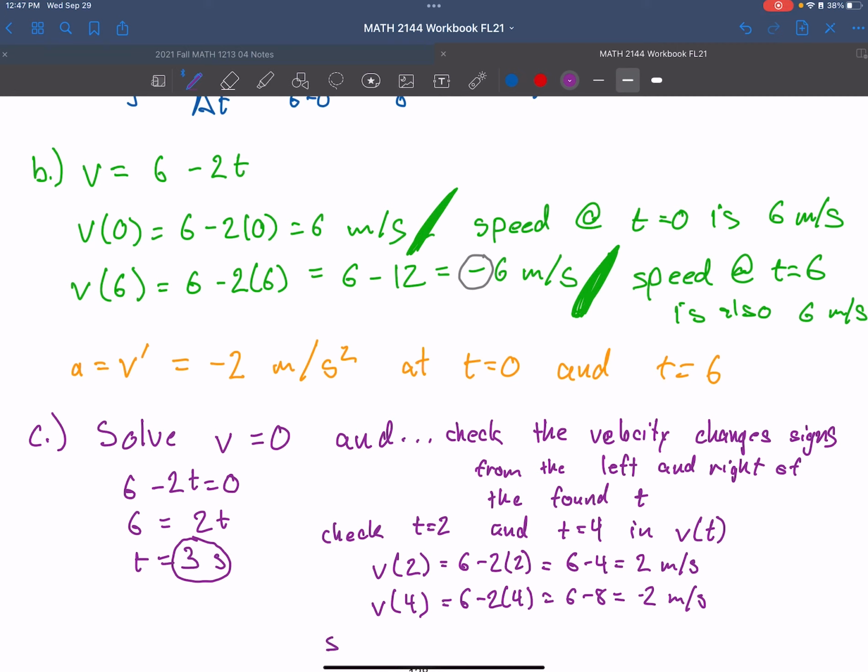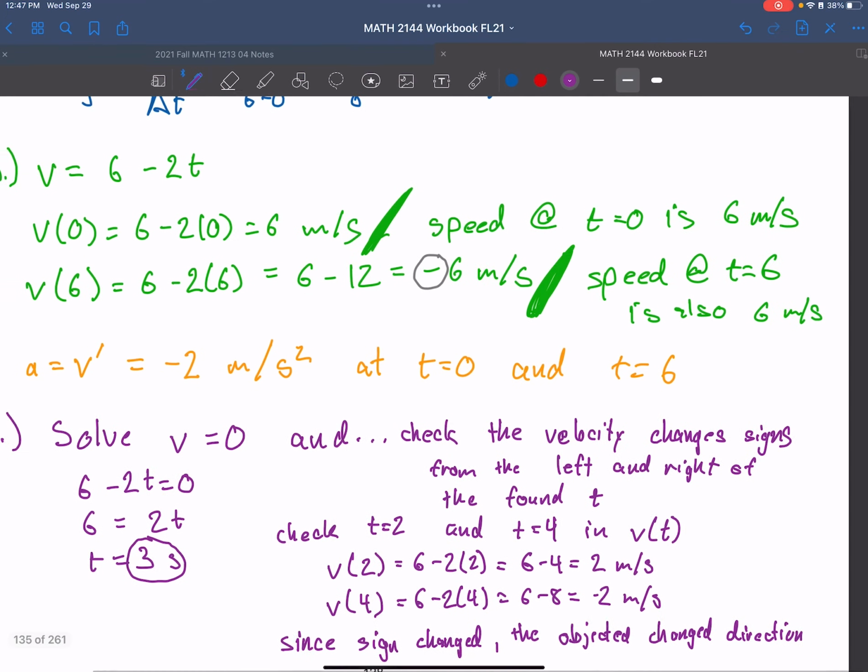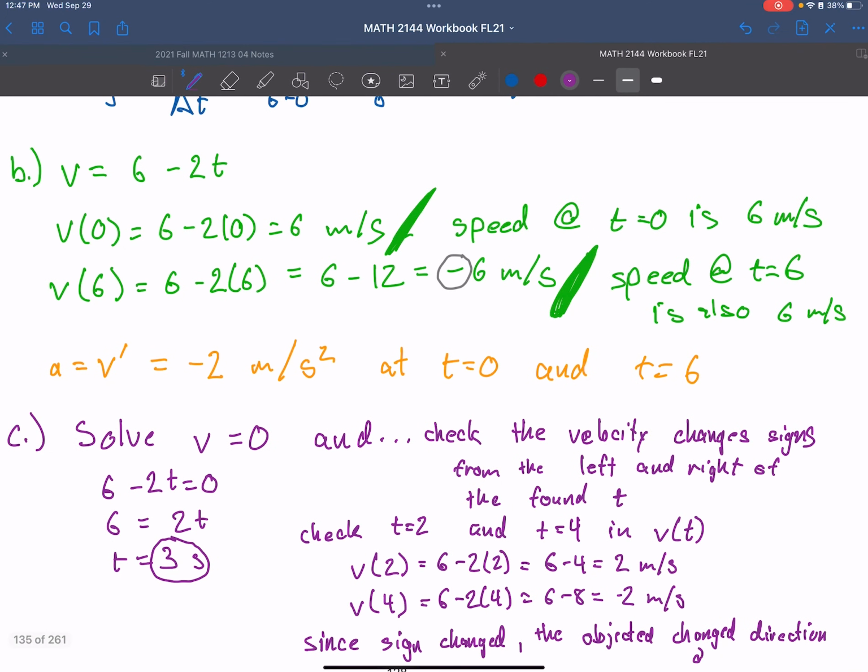So since the sign changed, the object changed direction at t equal to 3.